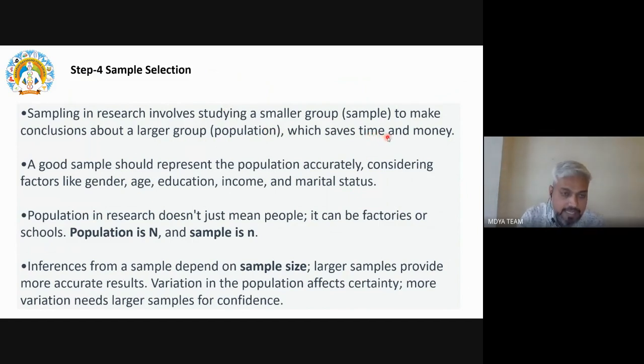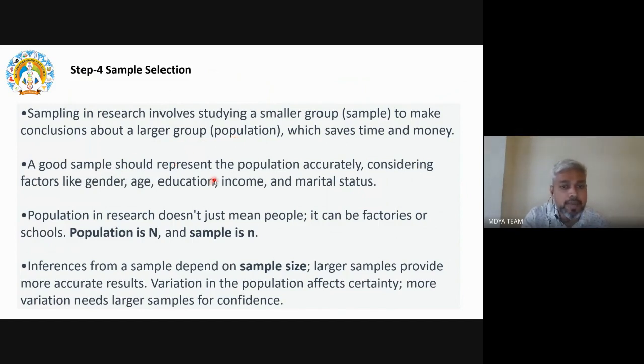So the first thing, samples. Why is a sample necessary? Because sampling is important among the population, because we cannot give time and money to a larger population to conduct research. That's why we take a representation from the population as a sample, right?